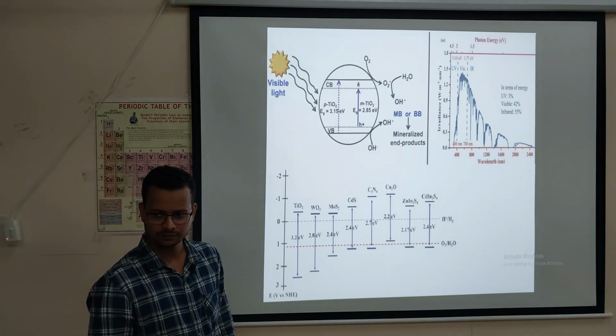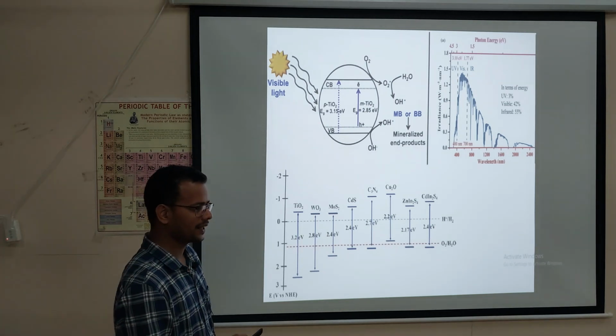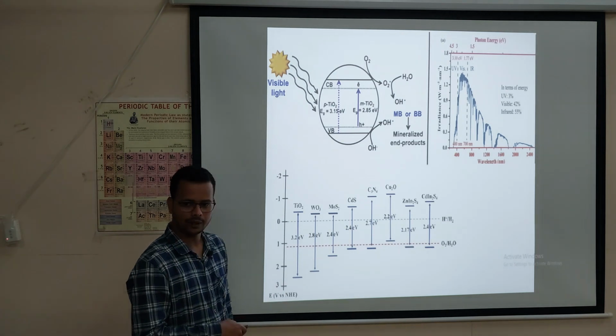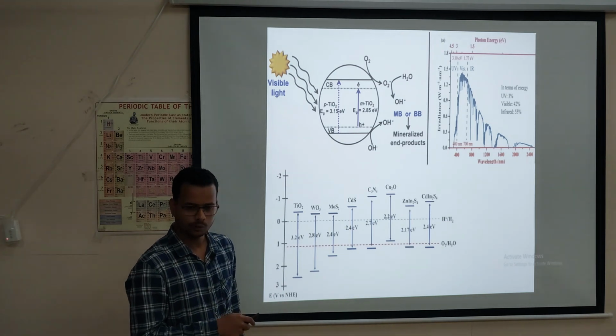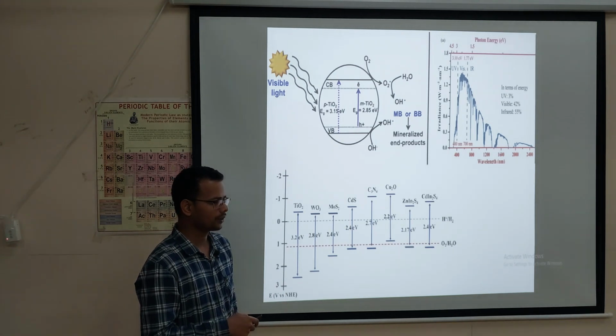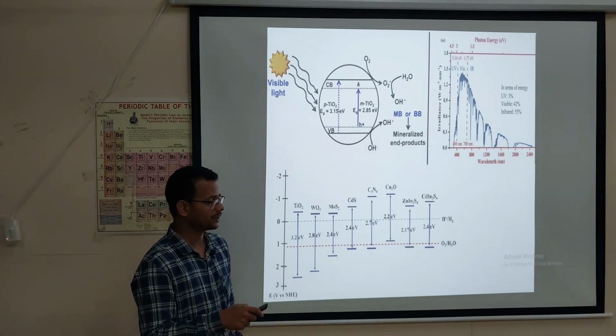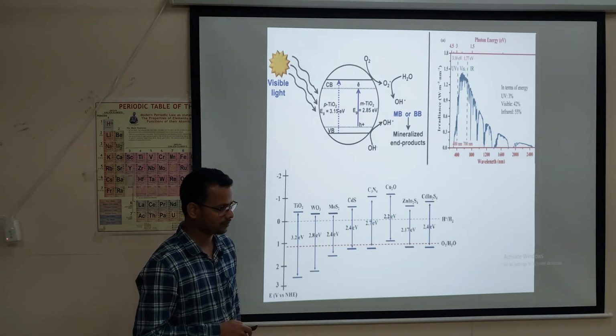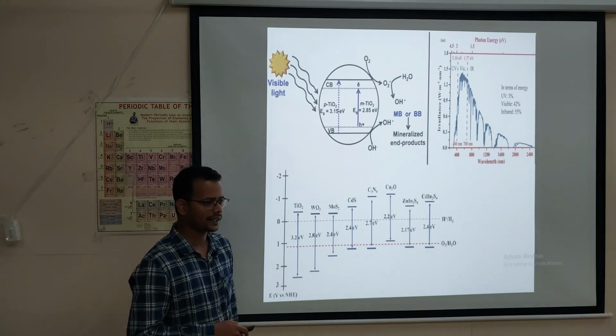Next slide. What does NHE say? I will tell you. NHE, SHE, I will tell you. Actually, in electrochemistry, we calculate the band gap from UV visible spectroscopy and the Mott-Schottky diagram. From the Mott-Schottky diagram, we can get the flat band potential.